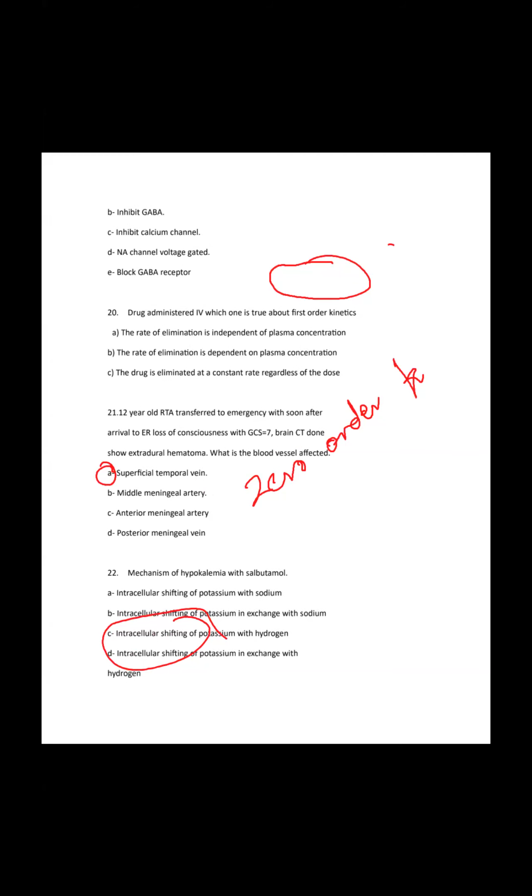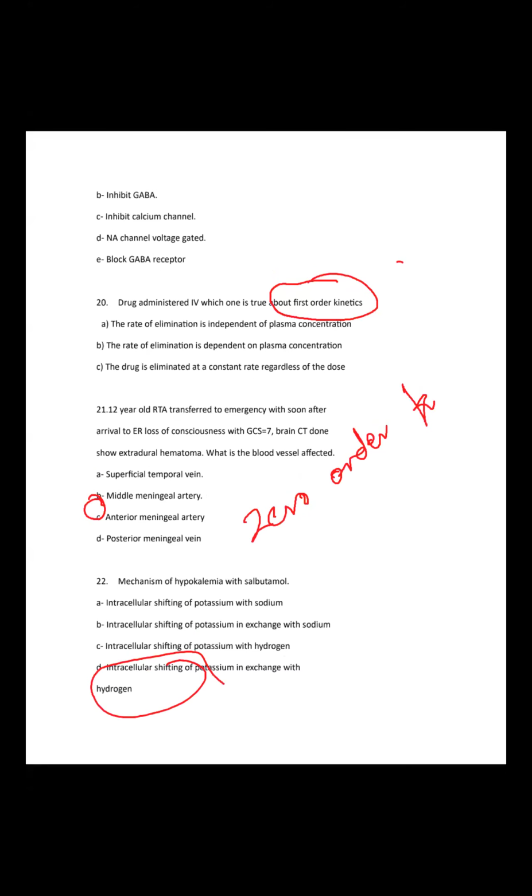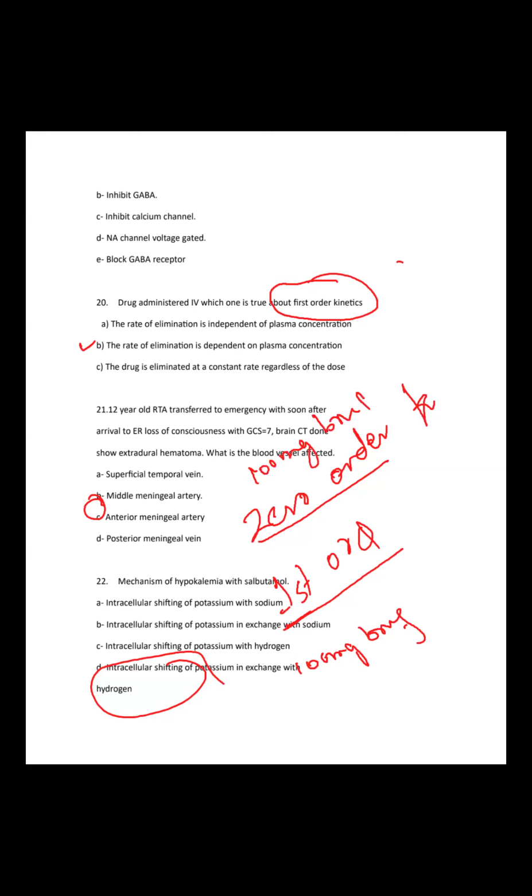We have two types, zero order and first order pharmacokinetics. First order means that the rate of elimination depends upon your plasma concentration. For example, you have consumed 100 mg brufen in both cases. In first order kinetics, 50% of it will be eliminated.